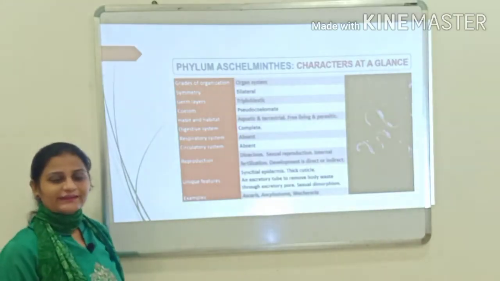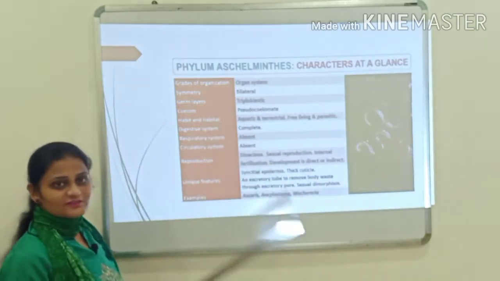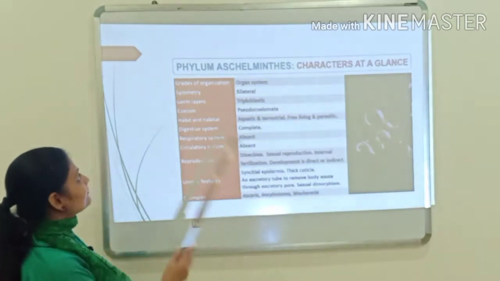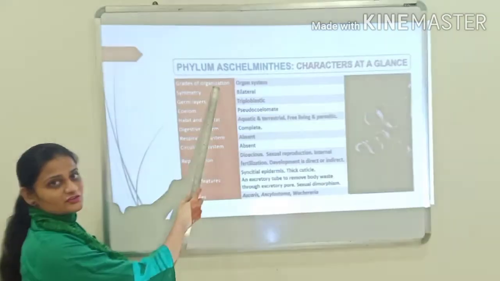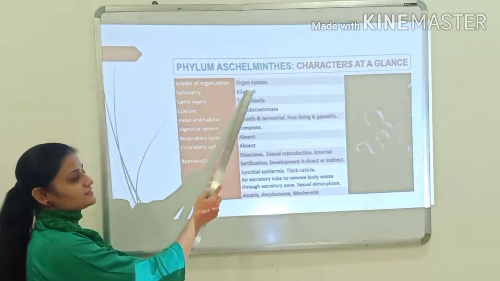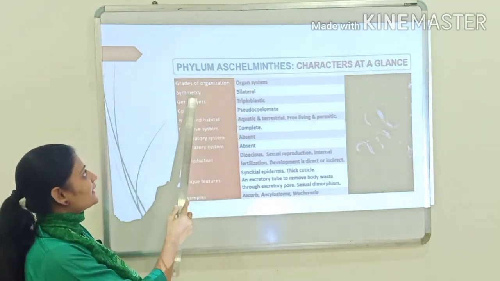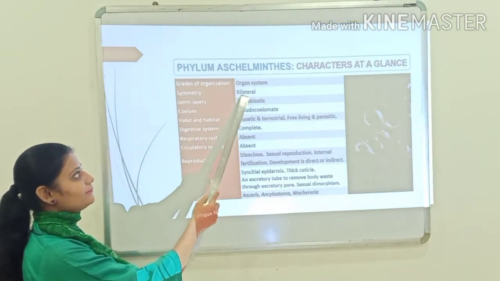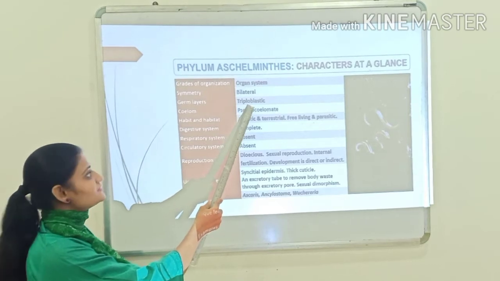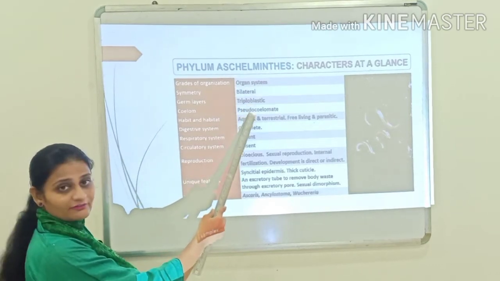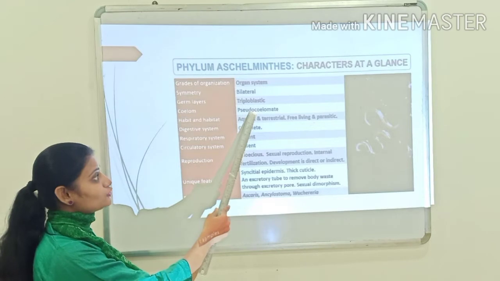Let us have a glance at the characteristics which we have studied just now. The grade of organization in phylum Aschelminths is the organ system. Symmetry is bilateral. They are triploblastic organisms. They have a pseudocoelom, that means they are pseudocoelomates.